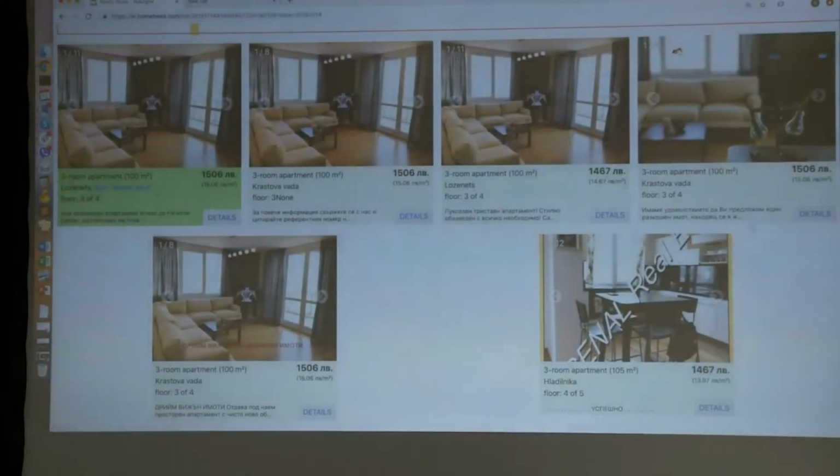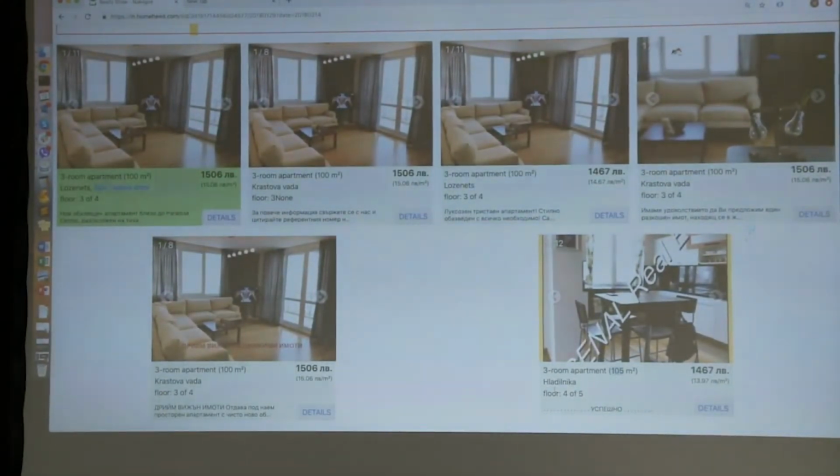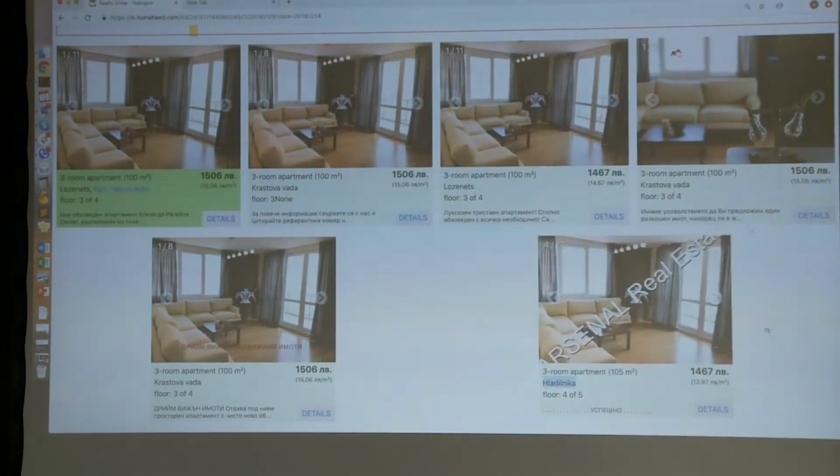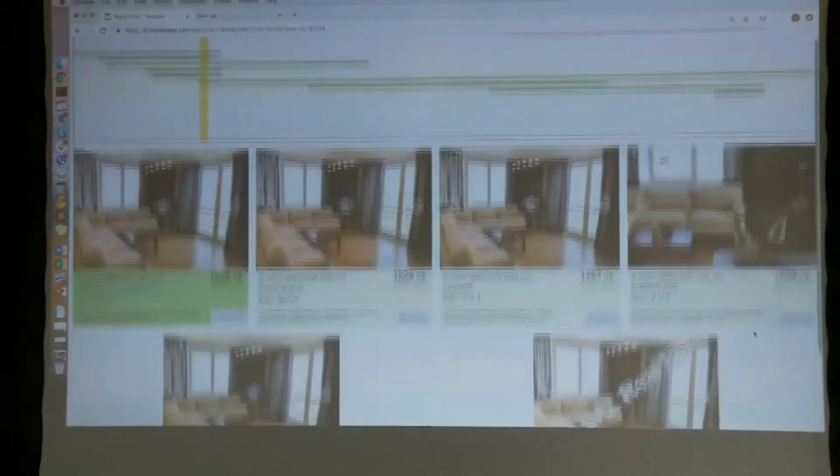And this one is cheaper, bigger, and it's in a different neighborhood. And by the way, yeah, it's still the same. This is quite normal in our domain. And it's very hard to find things like that without actually using the image, without using the matching that I just explained.